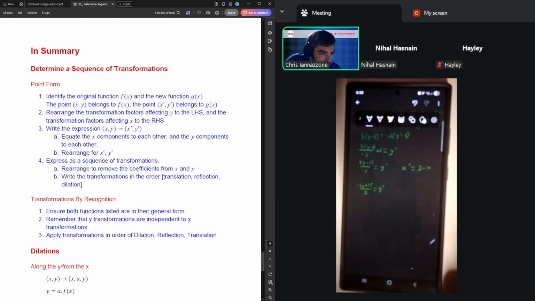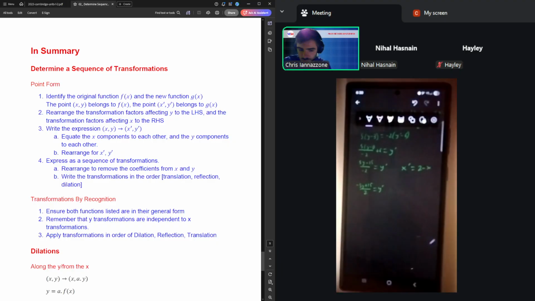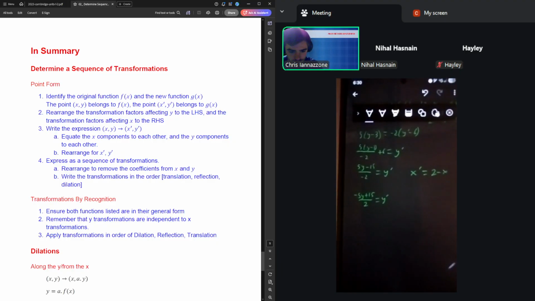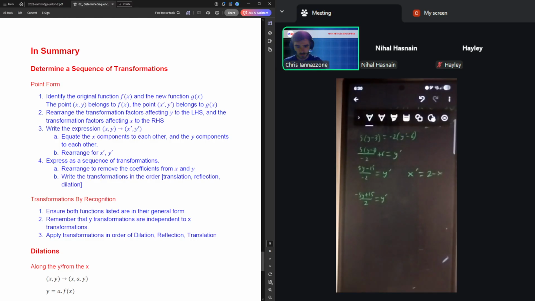Next is going to be to figure out, are we going to do a TRD or a DRT? It could depend on what you're given, but it also could depend on whatever you're more comfortable with. We can do a TRD.